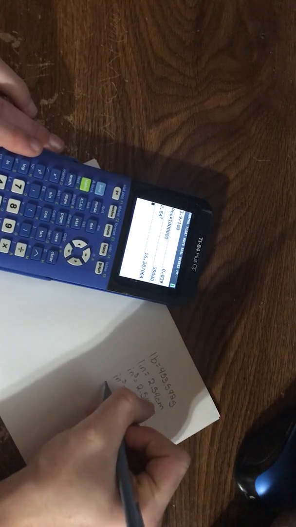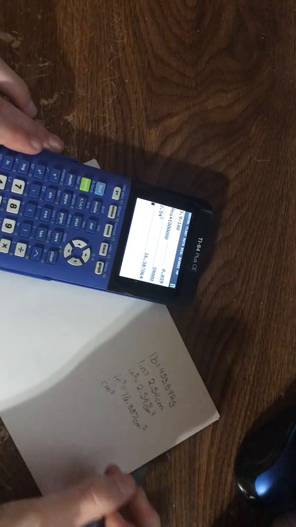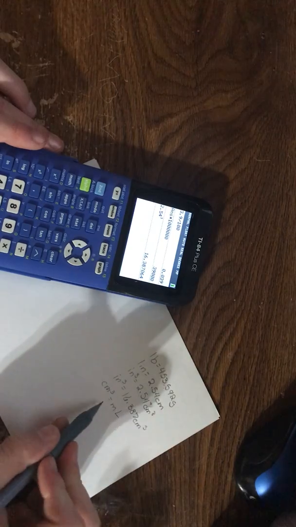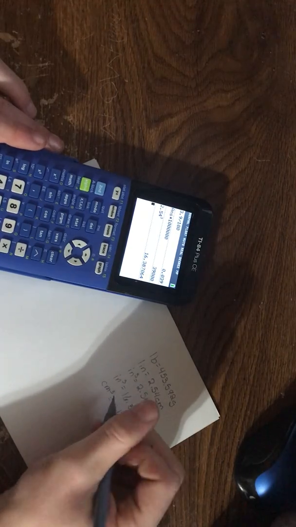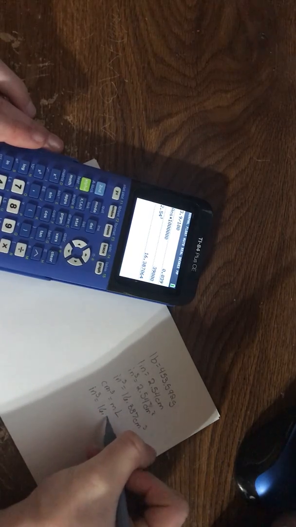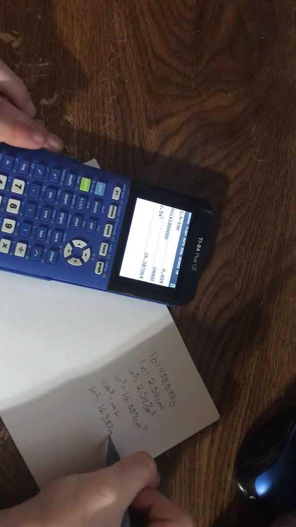So now we can relate centimeters cubed to milliliters, because 1 centimeter cubed is equal to 1 milliliter. So that means that 1 inch cubed is equal to 16.387 milliliters.